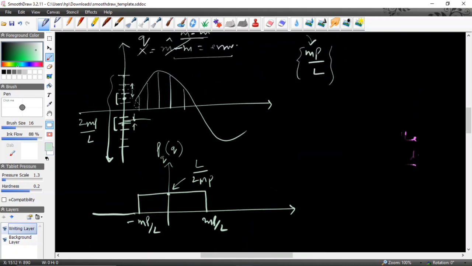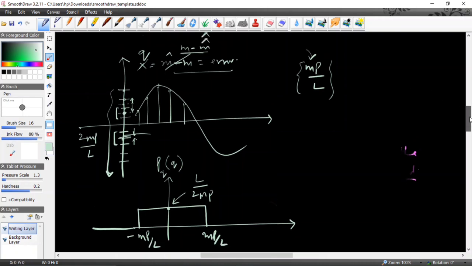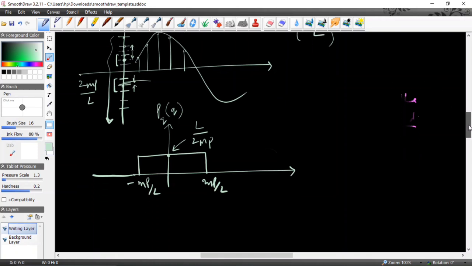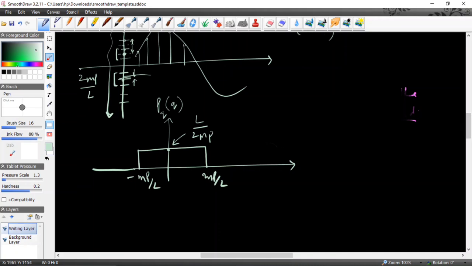So I am taking a continuous time signal, sampling it at discrete intervals, and then mapping these samples to a finite set of values. In this mapping, the difference between the actual signal value and the quantized level is what we call the error. That error can lie anywhere between minus MP by L to MP by L with a uniform probability density function.